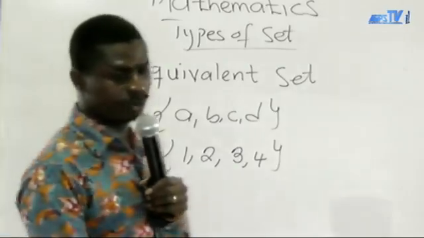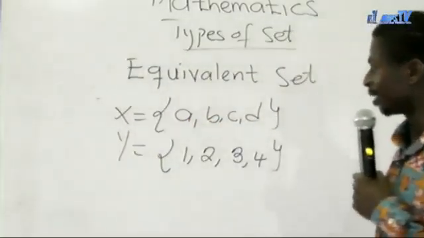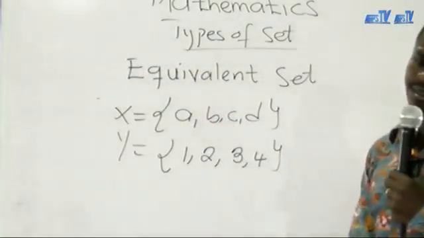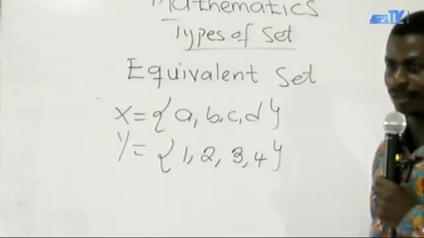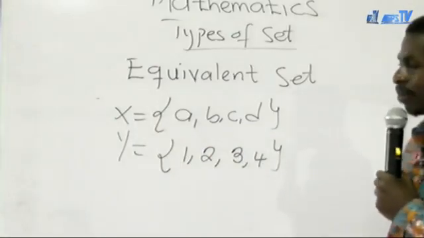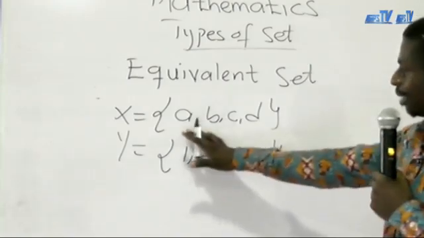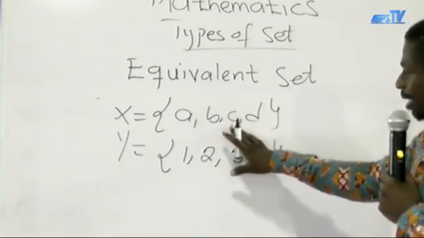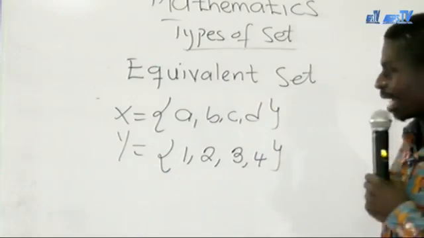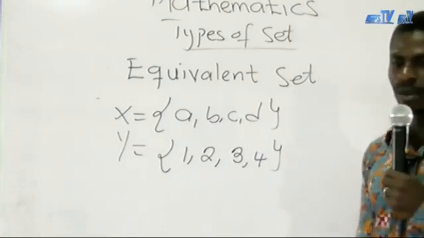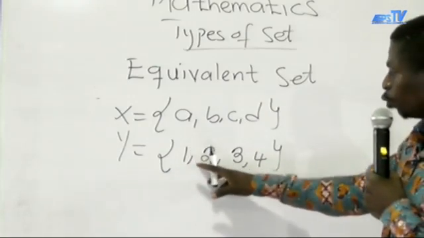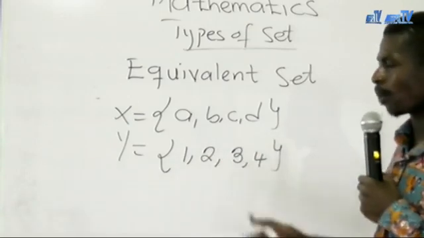So I have these two sets, set X and set Y. Set X has members A, B, C, and D, and set Y has members 1, 2, 3, 4.